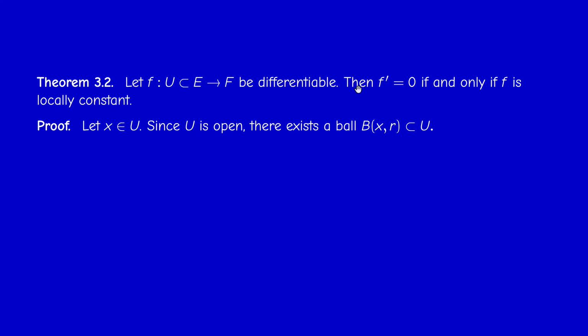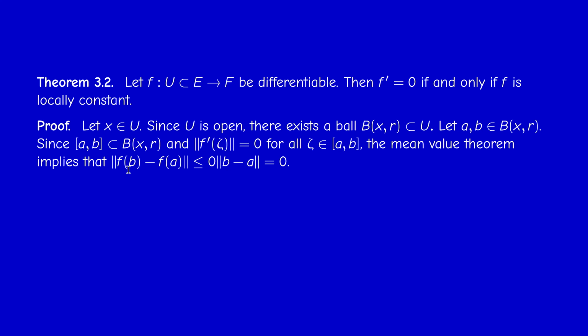But here the converse is interesting. This is a consequence of the general mean value theorem, version 3.1. So pick a point x in U. Since U is open, there exists a ball of center x contained in U. And now pick two points in this ball, a and b.